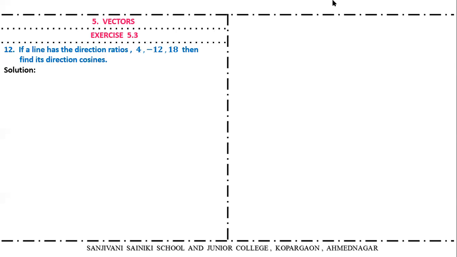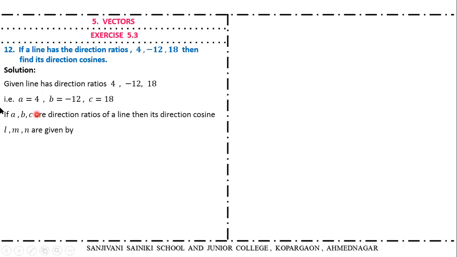The next example is: if a line has direction ratios 4, minus 12, 18, then find its direction cosines. Given line has the direction ratios 4, minus 12 and 18. That means A is equal to 4, B is equal to minus 12 and C is equal to 18.